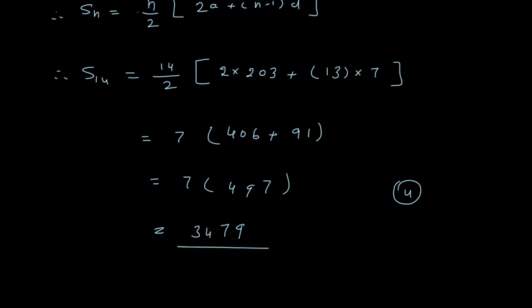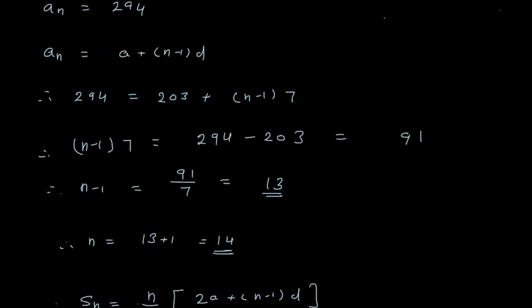So 3479, 3479 is your required sum. So you say Sn or you say S14, S14 is equal to 3479. Okay, once again check the calculation. 7 times 7 is 49, then 7 times 9 is 63, 63 plus 4 is 67, 7 times 4 is 28, 28 plus 6 is 34. Correct.